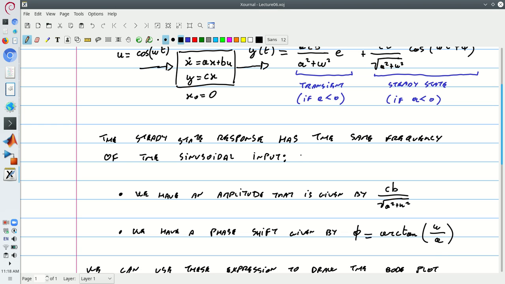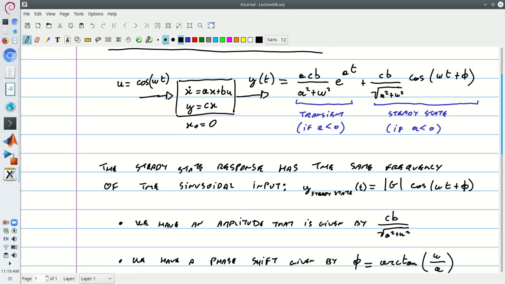Let me complete this sentence here. The steady state responds to the same frequency of the sinusoidal input. So I write here y steady state of t has a certain amplitude cosine of omega t plus phi. I just want you to stress one thing.